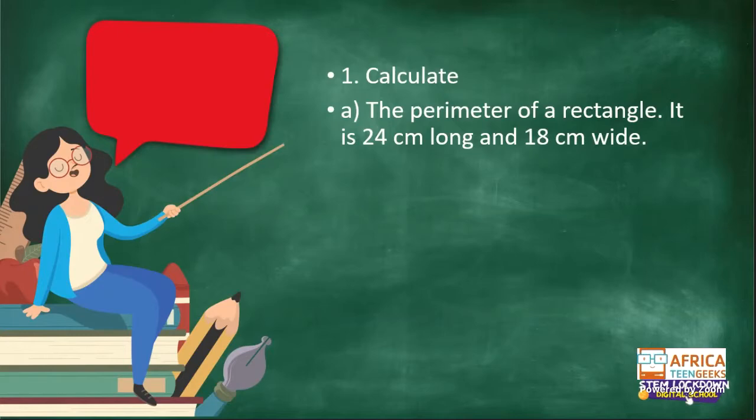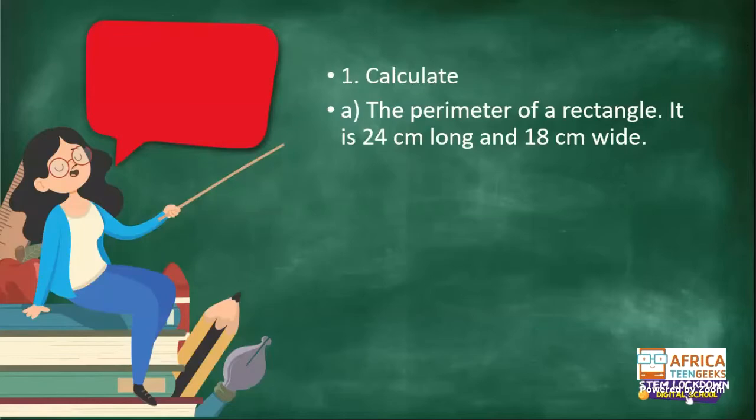The perimeter of this rectangle will be 84 centimeters. So it will be clearer when you have drawn it, but also by inspection, you can just calculate the perimeter. I'm just saying for those learners who may not know, how did we find 84? Please make sure that you draw the rectangle. If you have a pen and a paper, draw the rectangle.